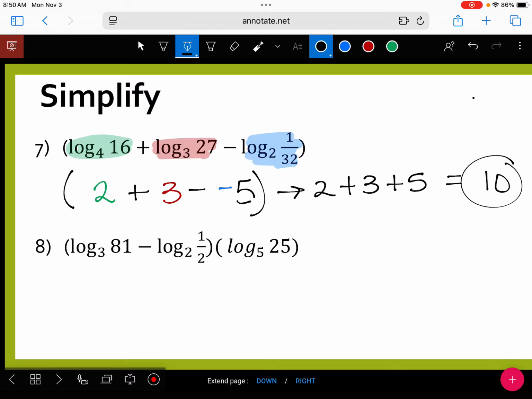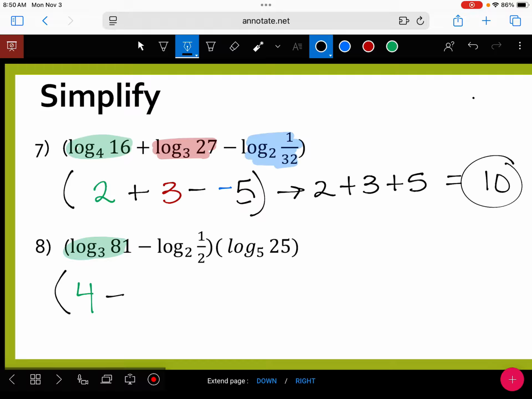All right, let's do our last one. Again, we have full statements here. So this is my first statement. 3 to the what power is 81? 4. Okay. Bring down the subtraction sign.